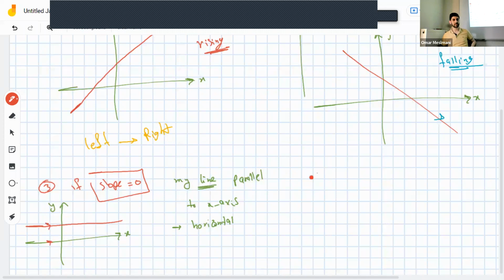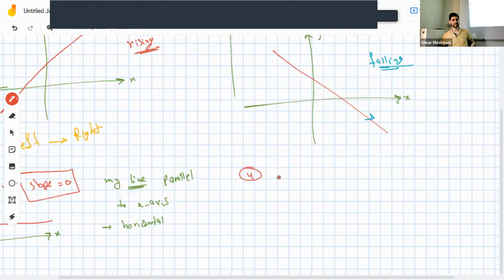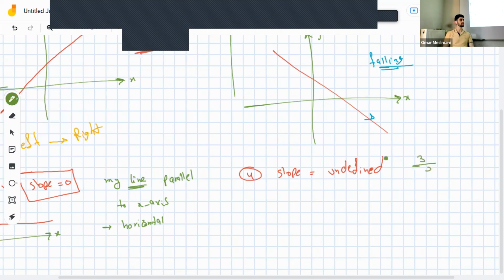The fourth property: when the slope is undefined. What do I mean by undefined? What does undefined mean? Vertical. Exactly. As an example, 3/0. Now, what is the answer of 3/0? It's undefined.